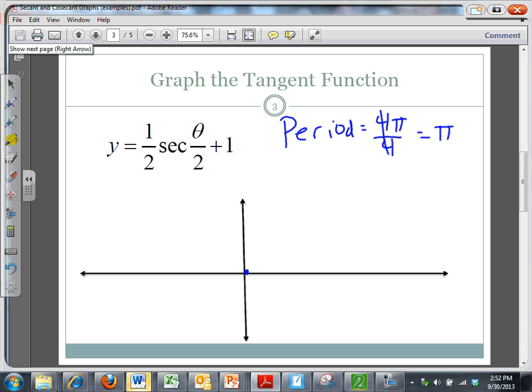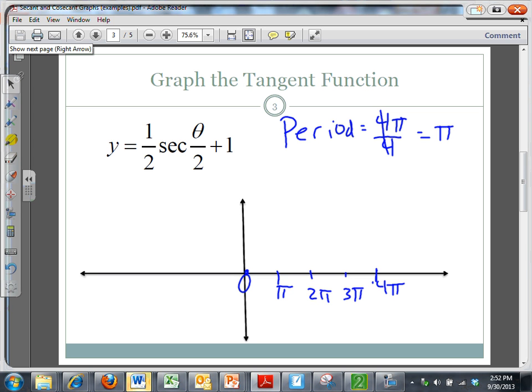So our left endpoint was 0, and the right endpoint was 4 pi. If I do 0 plus pi, that's pi. Pi plus pi, that's 2 pi. And then 2 pi plus pi is 3 pi. Okay?